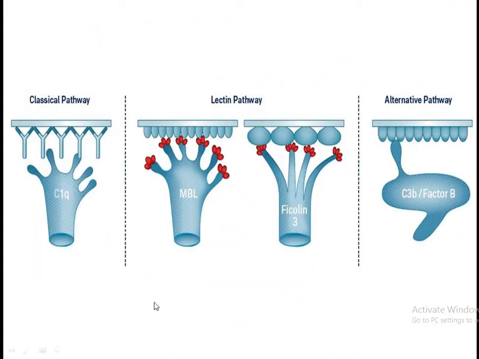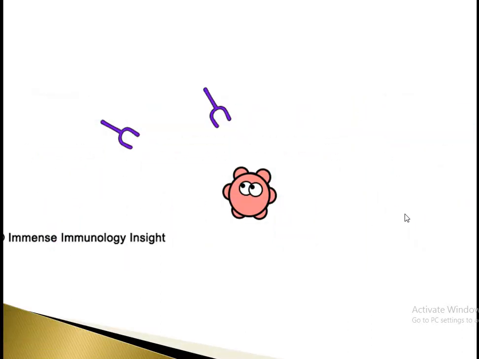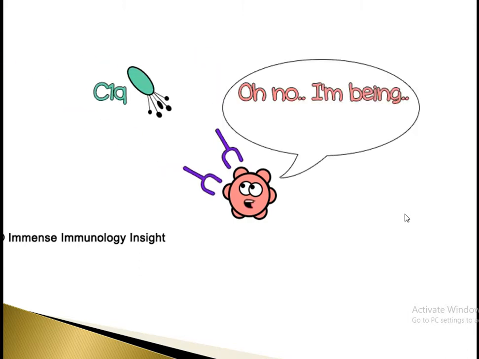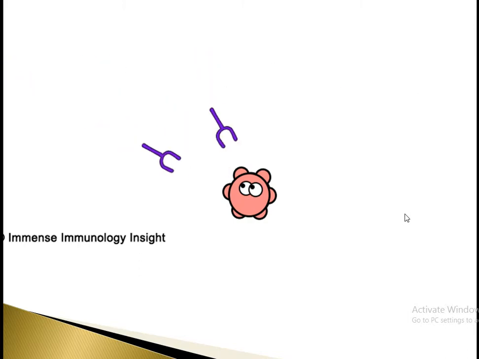These are the factors which I want to show you separately also: for the classical pathway C1q, lectin MBL and ficolin 3, and for the alternate pathway the factor B and D. You can see the function of C1q also here in the animated form.